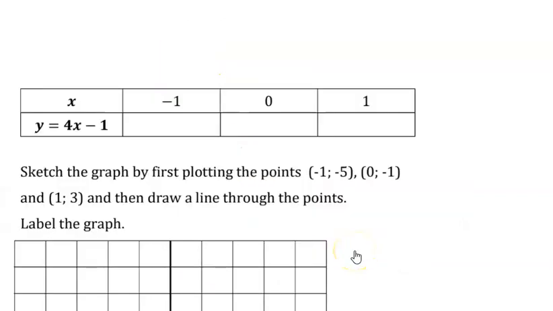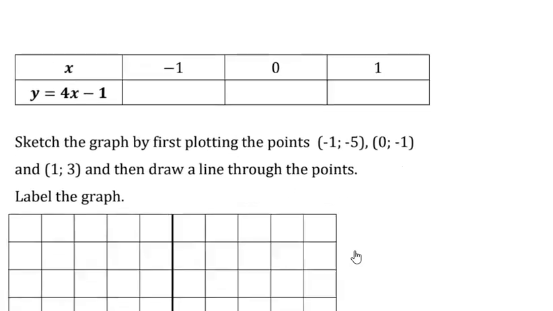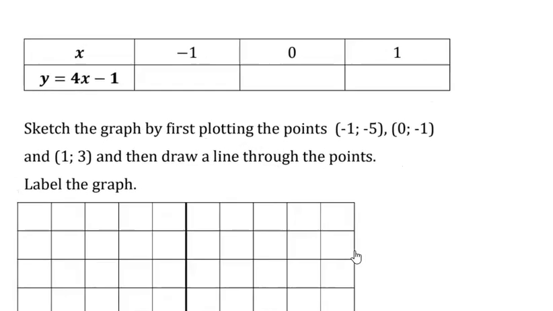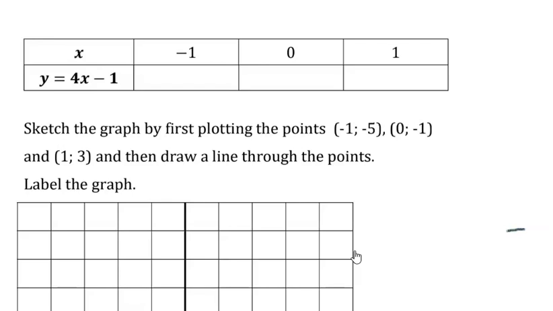We can now simplify this table by just doing the 3 values in the center. So 4 times 0 is 0, minus 1 gives minus 1, and 4 times 1 is 4, minus 1 gives us 3, 4 times minus 1 is minus 4, minus 1 gives us minus 5, which are exactly the same values that we had before. So now we have 3 values.